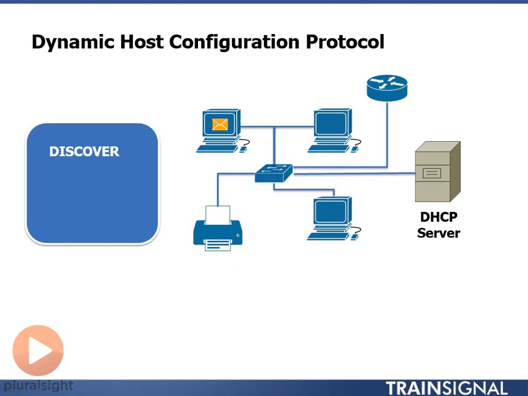The discover message is sent from the client that's trying to get an IP address, down to the network, and once that DHCP discover message hits the switch, it splits up and goes to every single device on the network.